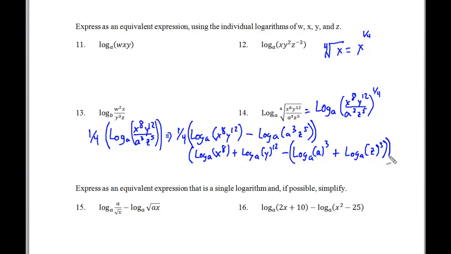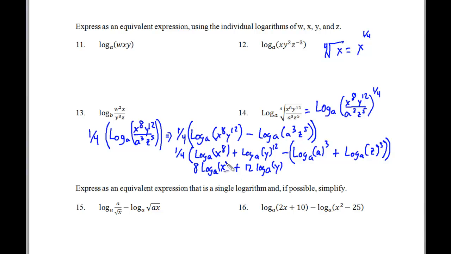So now you see that I have a lot of parentheses here just to deal with my 1/4 out in front. Well, let's go try to take care of business here. The 8 is going to have to get moved to the front. So this is going to be 8 log base a of x plus 12 log base a of y.